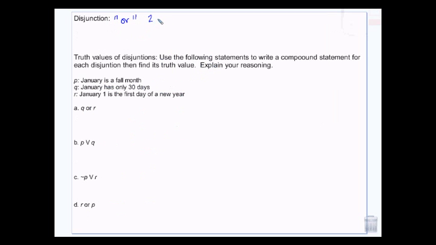So this is two statements joined with or. And the symbol for or is a V, capital V. Now, the way it worked before is we had, let's say, P or Q. If this is true and this is true, then the whole thing is true.